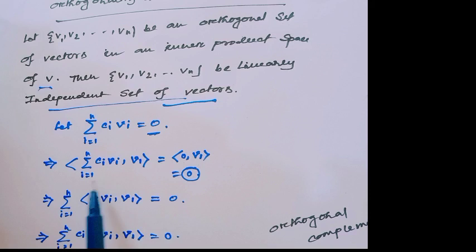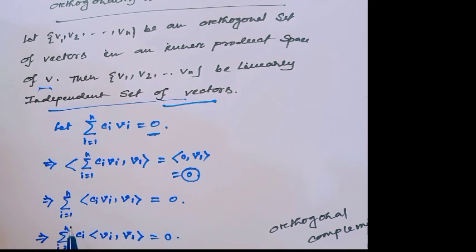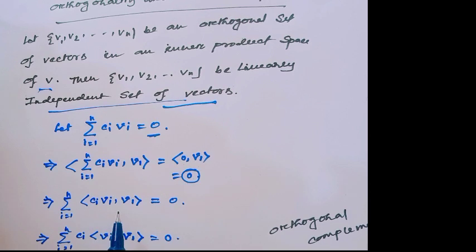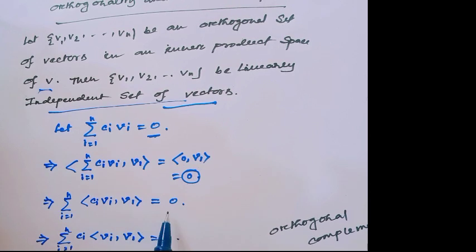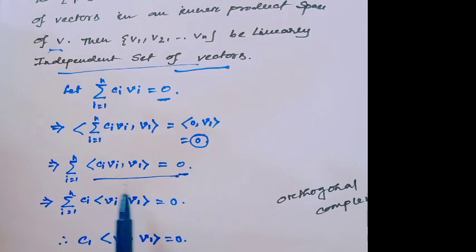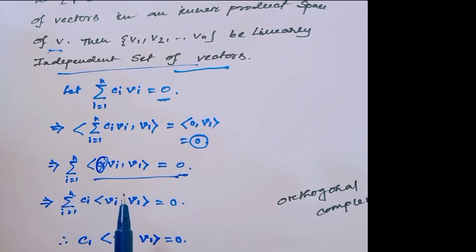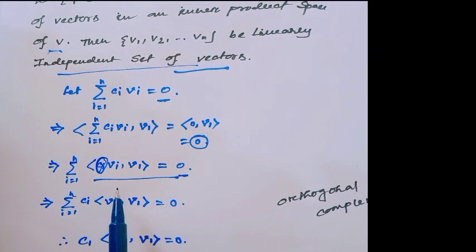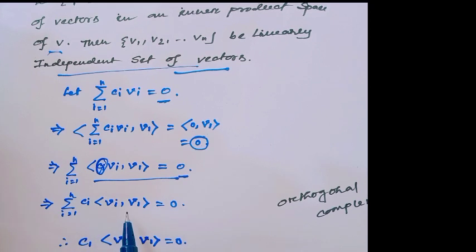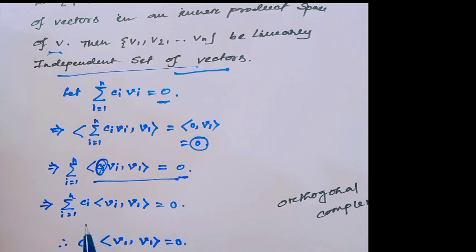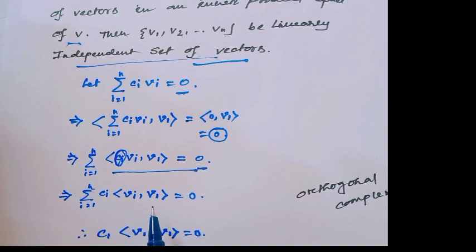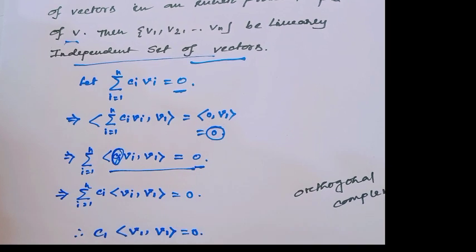From this expression, it implies summation i equals 1 to n of the inner product of ci vi with v1 equals 0. And since ci is a scalar, just take ci out of the inner product. Then this is summation i equals 1 to n of ci times the inner product of vi with v1 equals 0.